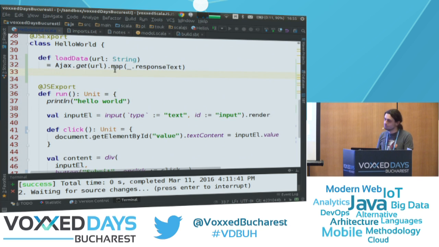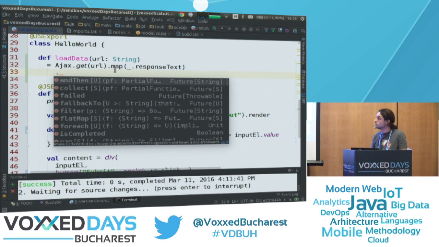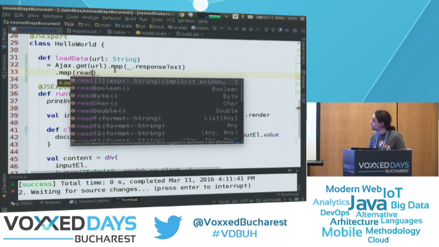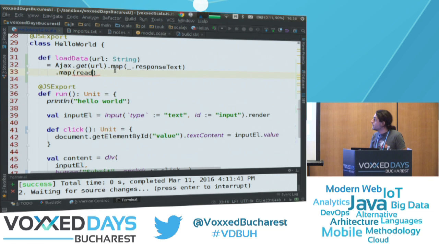And yeah, probably we don't want to parse the JSON by ourselves, and we don't have an eval method like in JavaScript. So we'll use another library from the small but vibrant Scala.js ecosystem. We'll map. And the library is called upickle, and it basically can encode and decode case classes to JSON and other stuff.